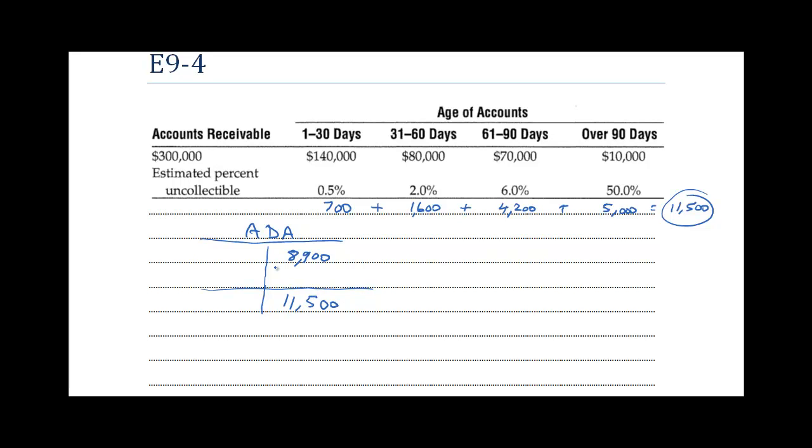And so what we're looking for now is the right amount. It's going to be a credit. We know that, right? Because it has to go up from 8,900 to 11,500. The right amount to put in that box is going to be our journal entry, and that's going to be $2,600, right?